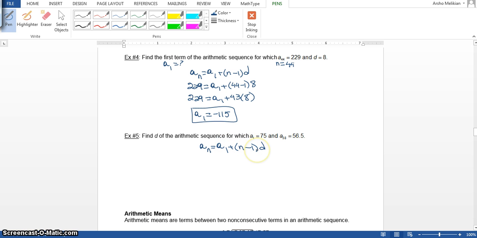N equals 38, and what's that? What value is that? AN. So 56.5 is equal to 75 plus 38 minus 1 times D. At the end of the day, D is going to be negative half. And whether you say negative half in fraction or decimals, it makes absolutely no difference.